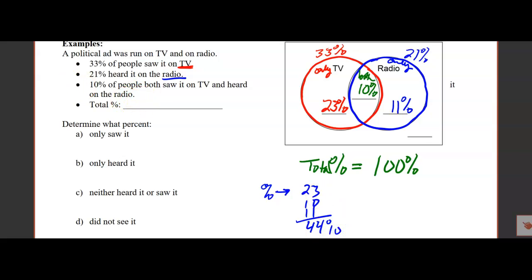So my total percentage here is 44%. Or I can take, hey, TV people is 33%. Radio people is 21%.